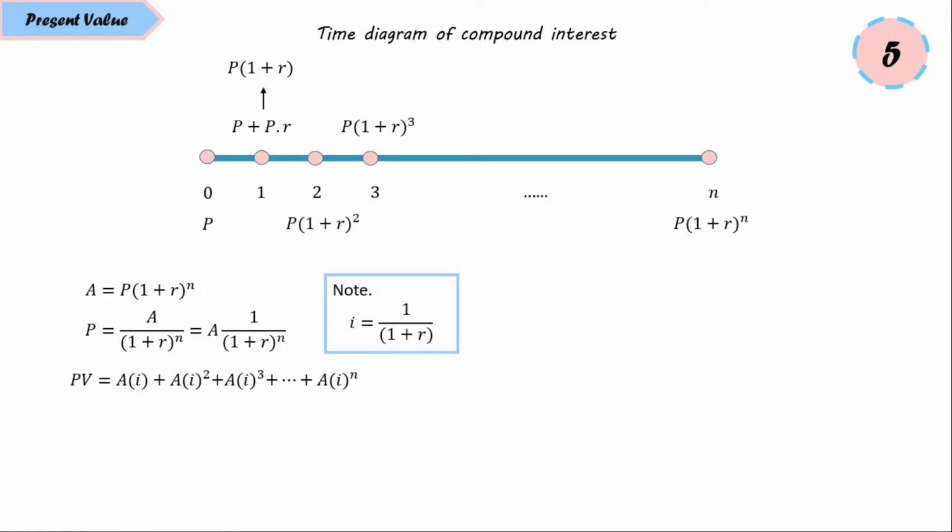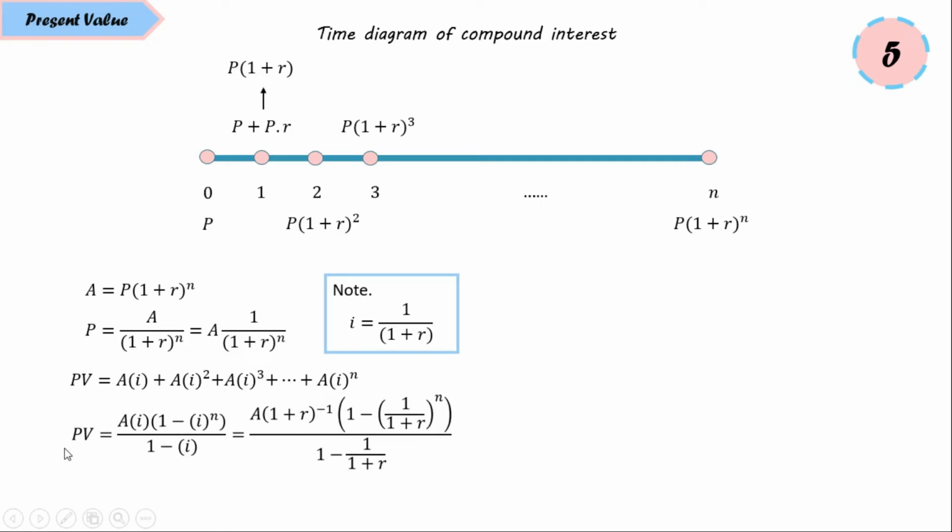So we get present value equals A times I plus A times I squared until A times I to the power N. From here, we can get a geometric sequence. So present value equals A times I times (1 minus I to the power N) divided by (1 minus I).